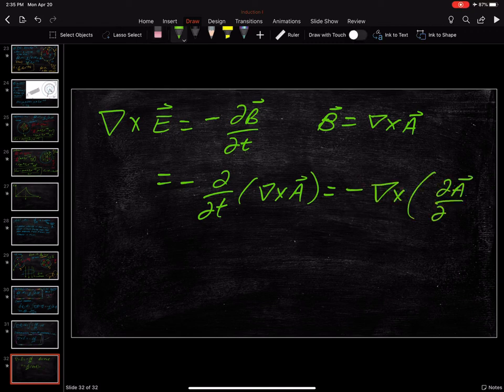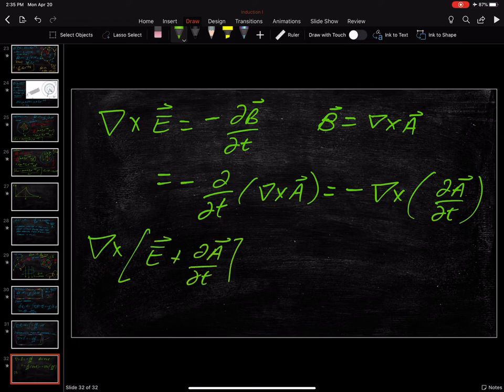Whether you take a derivative of space first or time first doesn't make any difference, they commute. And so del cross E is the same as minus dA/dt. This is the same as del cross (E plus dA/dt) equals 0.